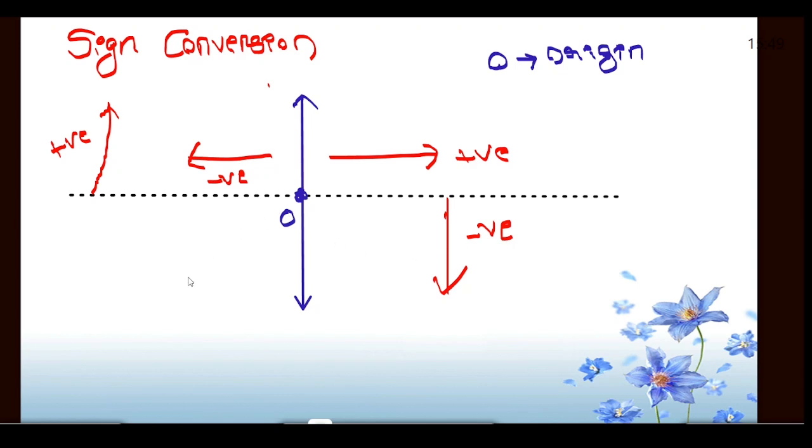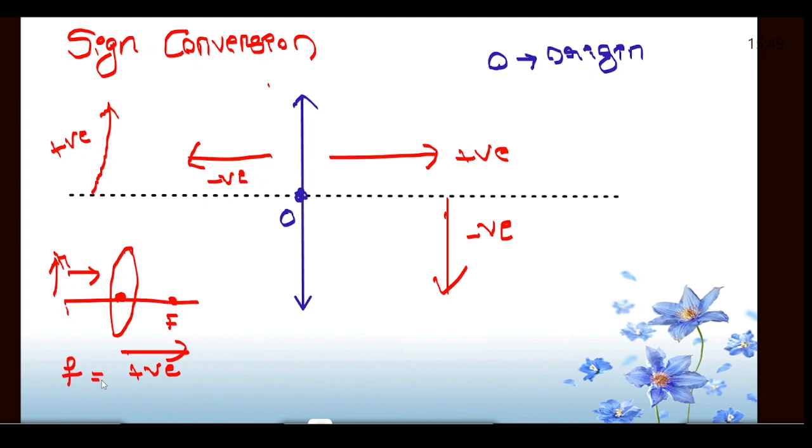Now in this case we can consider a convex lens. The object is placed here, and this is the light ray incident on this. The focal length of this curvature is on this side, right? So if I measure this focal length, it is positive. So the focal length of a convex lens is always positive.